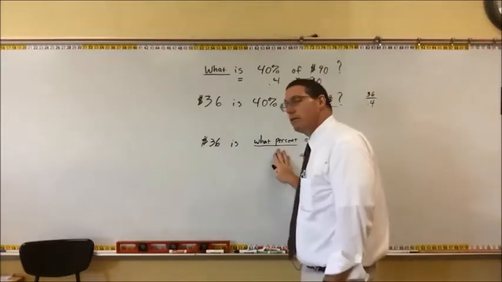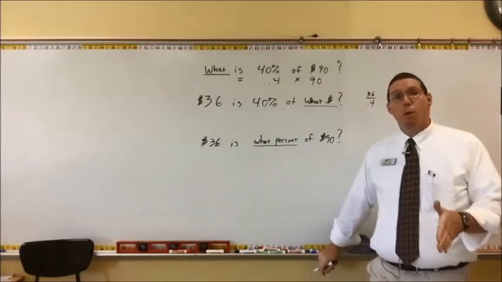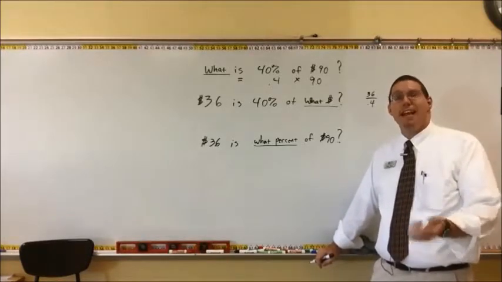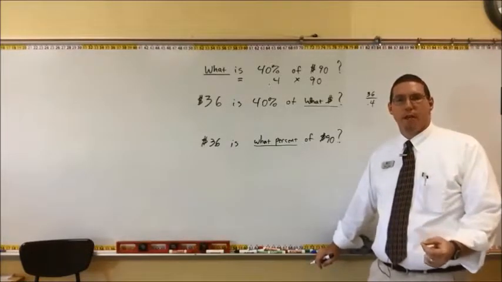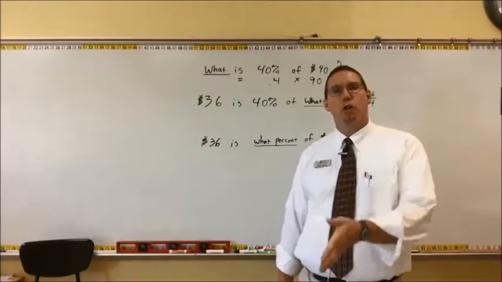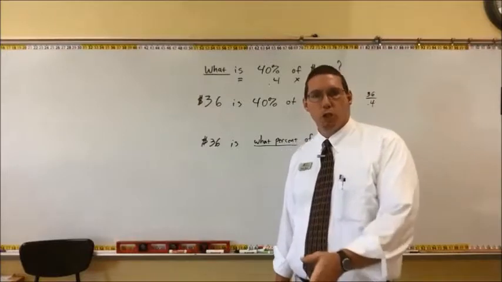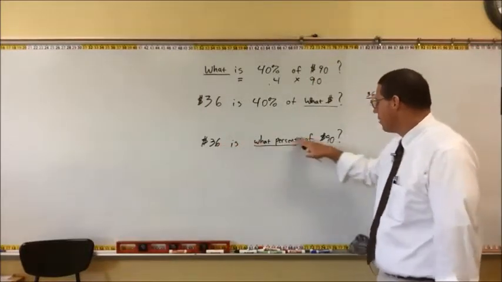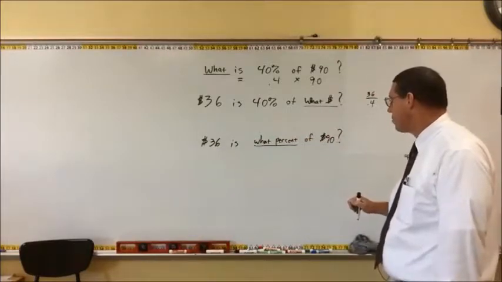And every single time, here's a big rule, if your goal is to find a percentage, if that's what you're being asked to do, what percent, anytime you're trying to find a percent, you are dividing. That's why you learned how to turn a fraction into a percent. Because this is basically the same thing as turning a fraction into a percent.